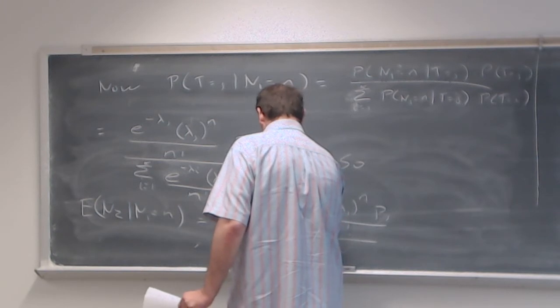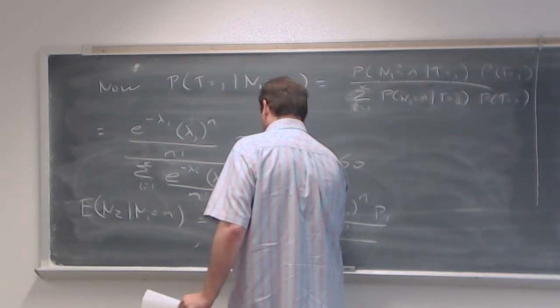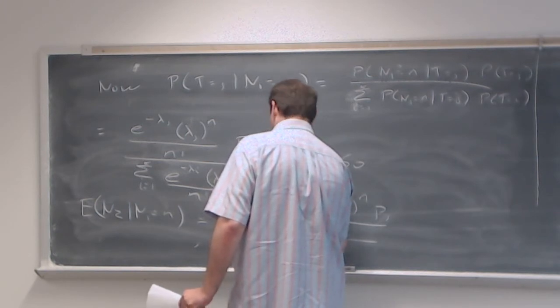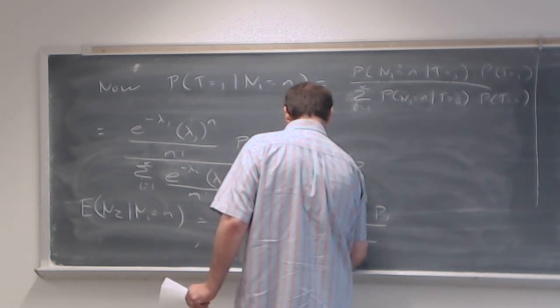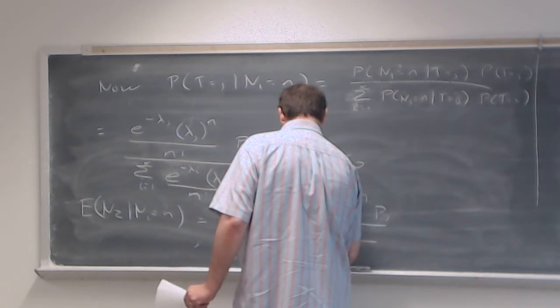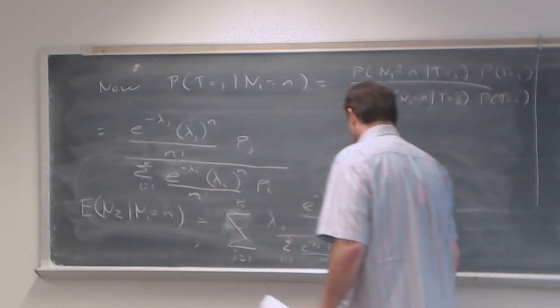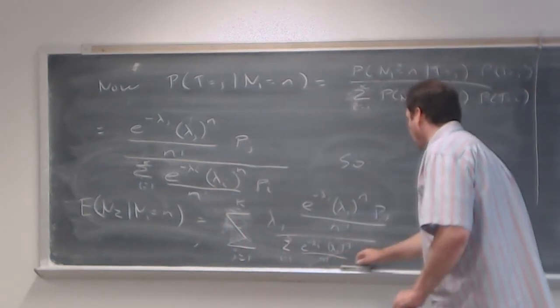That's the sum as i runs from 1 to k of e to the minus lambda sub i, lambda sub i to the n, over n factorial. That's where we are.